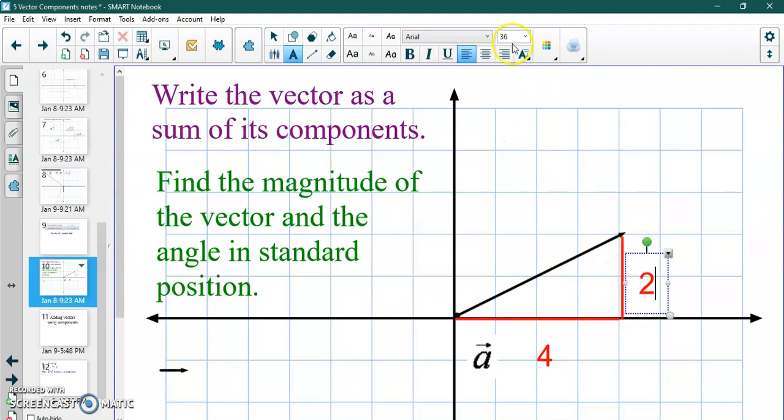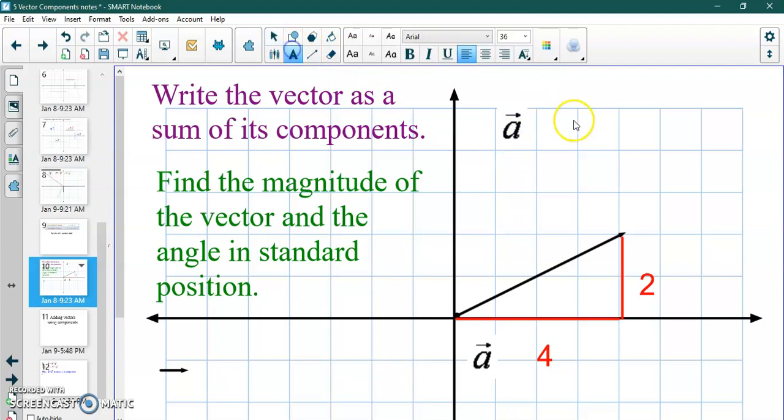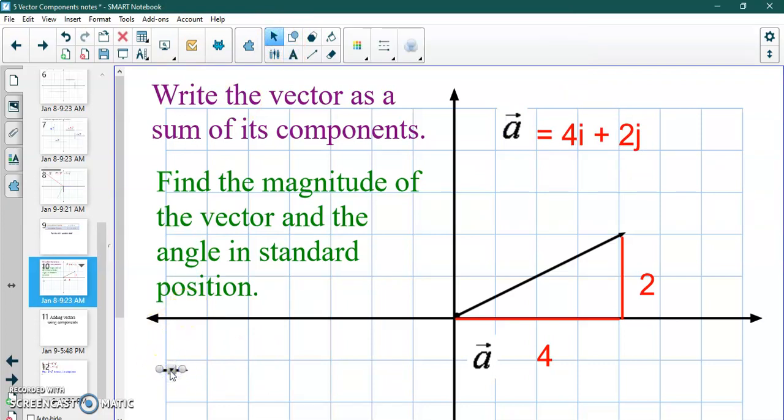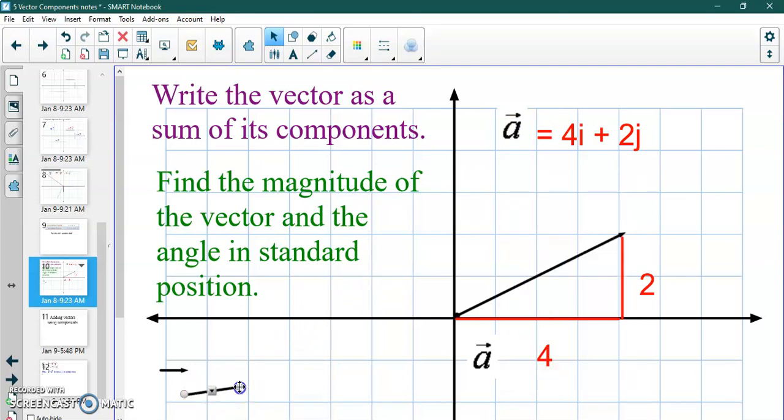So we would say that vector A is going to be equal to 4i plus 2j, and we throw arrows up there so we have the correct notation. So if we're asked to write a vector as a sum of its components, we would need to write it like this.